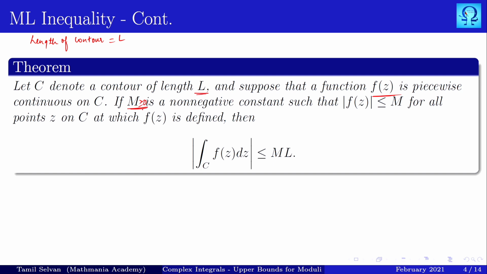So this is what they have said, such that this is satisfying this condition for all the points on the contour. Now we'll have to prove this inequality. This is known as the ML inequality. In order to prove this, first of all, we'll have to use the lemma that we have proved just now.